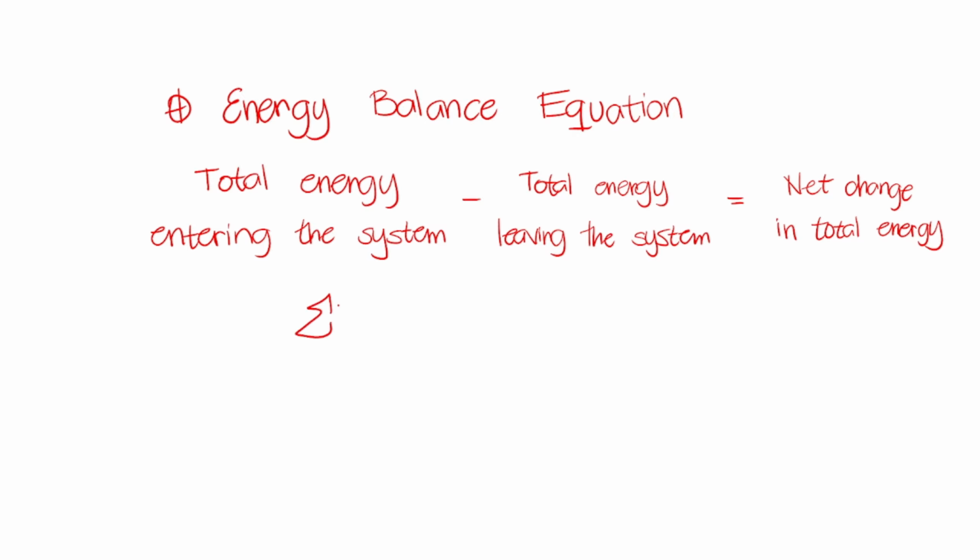The summation of the energy entering our system, which is E sub in to indicate that it's entering the system, minus the summation of all the energy leaving our system, let's say E sub out to indicate that it's leaving the system, paalis sa ating system, ay equal sa net change in our total energy.